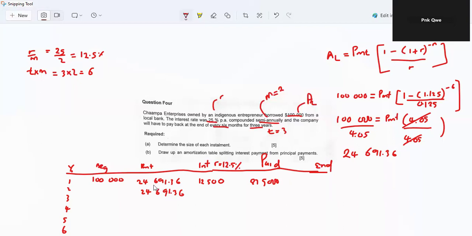Oh, we're supposed to do 24,691.36 minus 12,500. I misled you, sorry. This column minus that column. Are you following?